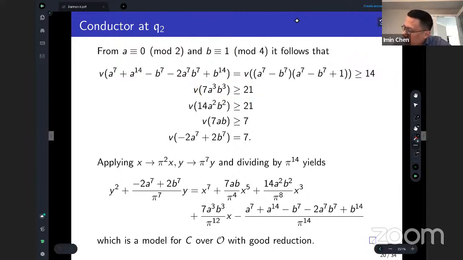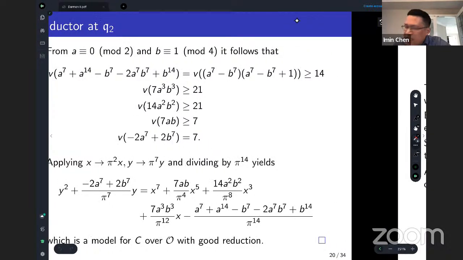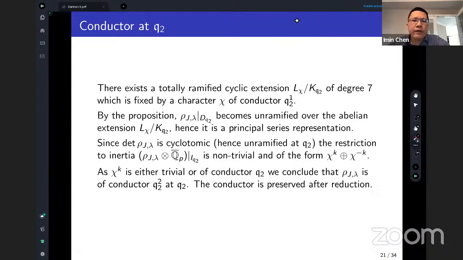There's an easy computational way to do that. However, one has to guess that this hyperelliptic curve attains good reduction over this extension, which has ramification index 7.